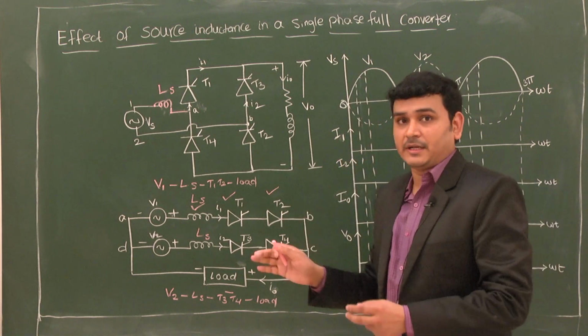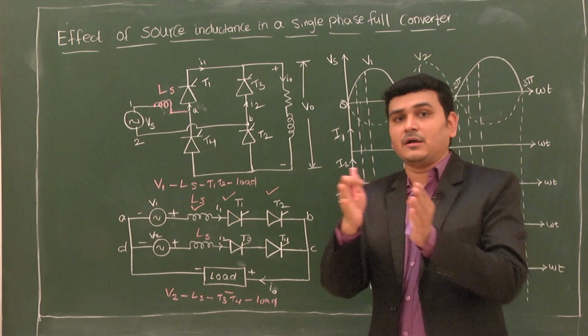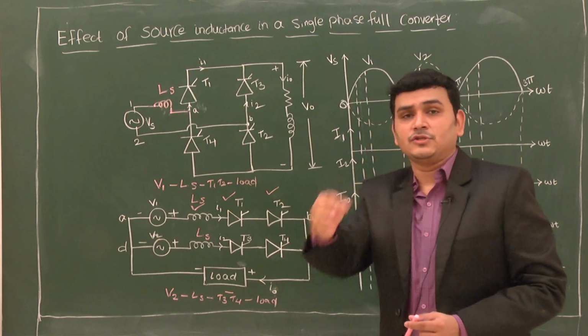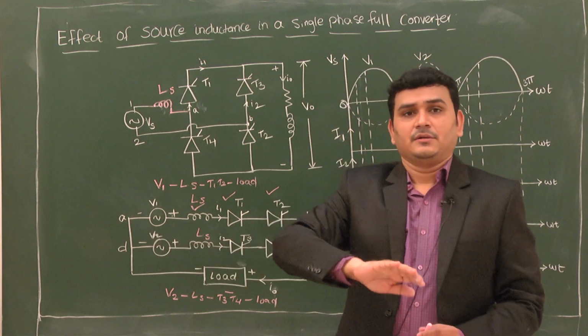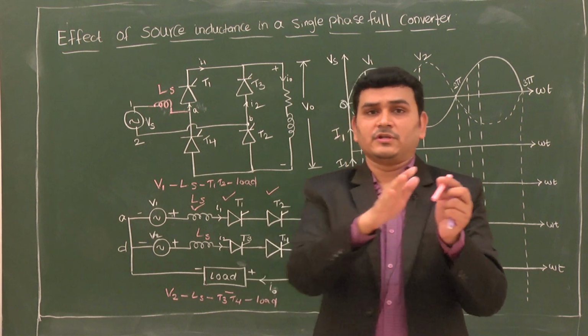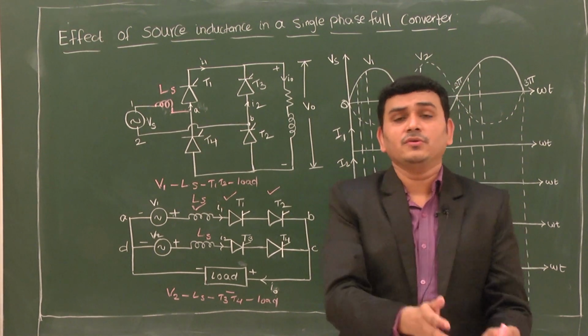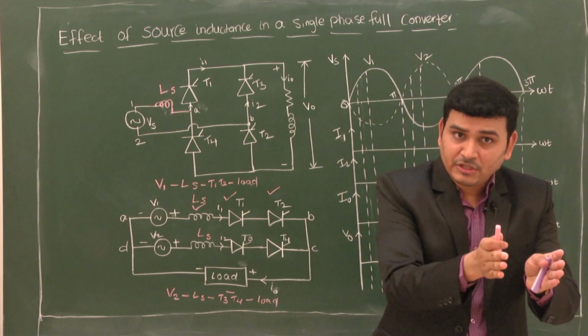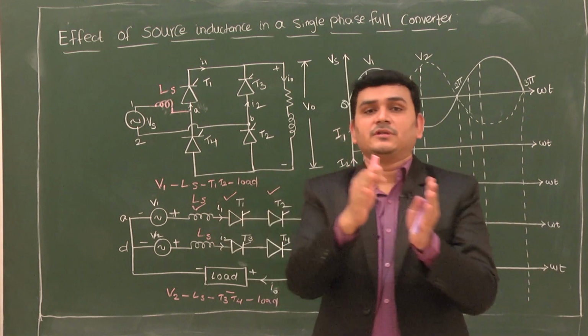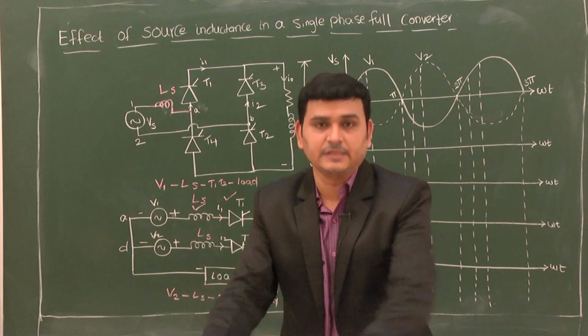We assumed that the current transition shifts from the outgoing thyristors to the incoming thyristors instantaneously, that is, from T3 and T4 to T1 and T2, the shift in current takes place instantaneously.